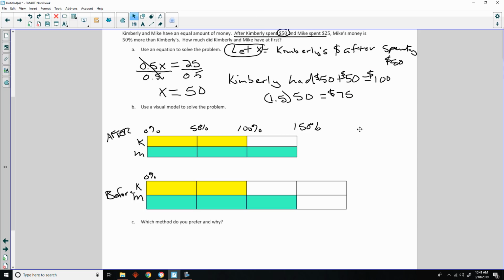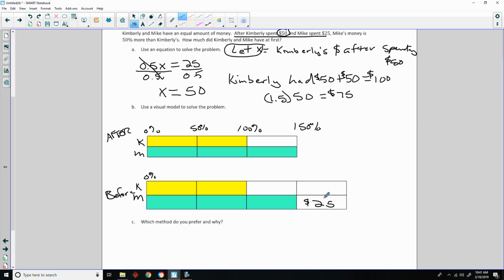It says after Kimberly spent $50 and Mike spent $25, Mike's money is 50% more than Kimberly's. So after Mike spent 25, Mike's money was 150, so now he's lost this square here, so he spent $25.